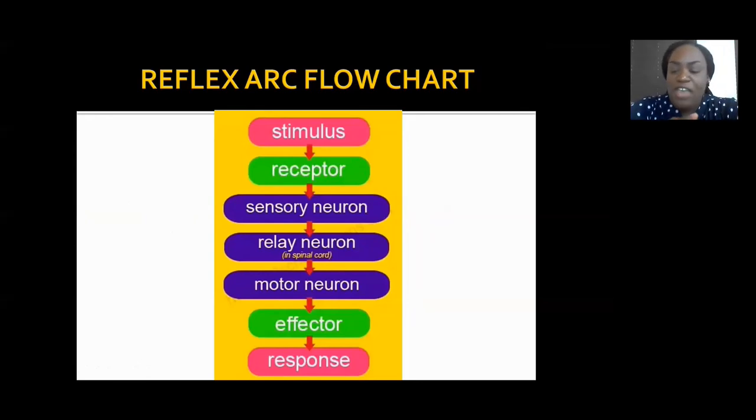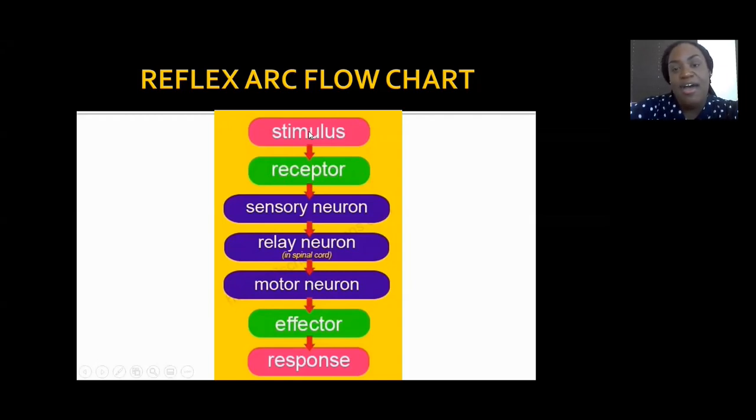If you notice those two graphics that I showed, no matter how differently they look, they all had the same sequence of events, and we can put that in a flow chart. This flow chart shows the pathway of a reflex arc. It all starts the same and it all ends the same. The red arrows show the direction the electrical impulse is going in.